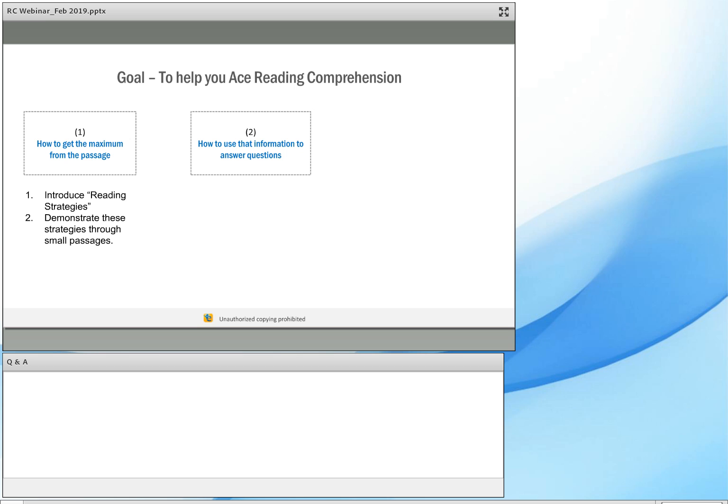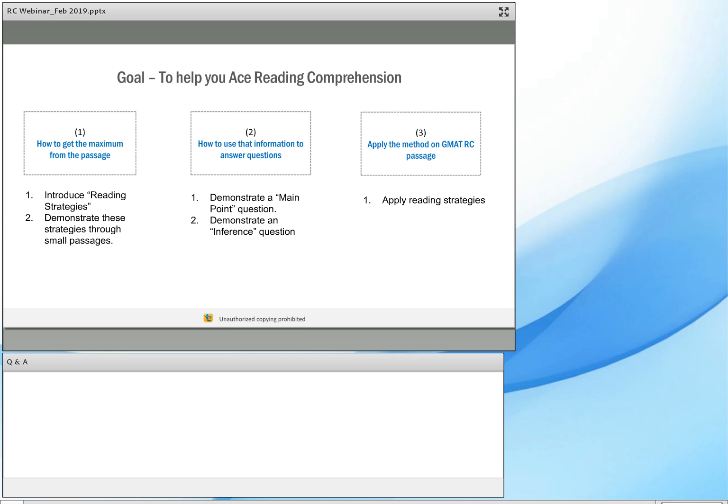We'll use the information that you extract from those two sentences. Once you do that, you're going to see how much more information you can extract, even from a simple two-sentence passage. We're going to demonstrate how that information helps you answer A, a main point question, and B, an inference question. Then we're going to apply this method to an official passage. Again, the method's not going to change, it's just that you're going to apply it to a longer passage.